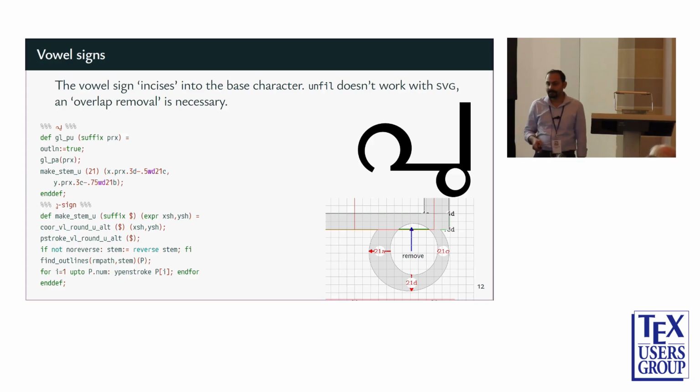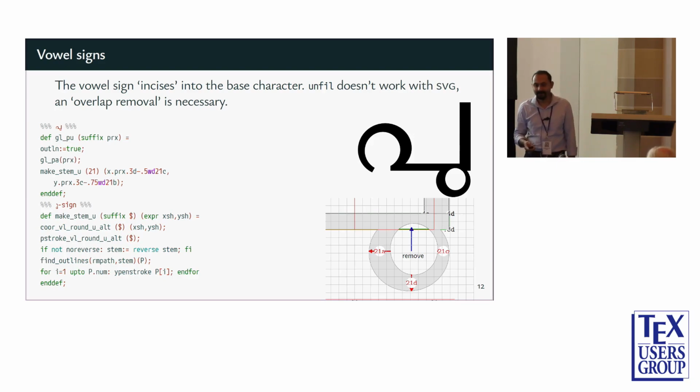One of the challenges was that the below curve incises into the horizontal stem, and we would like to remove that overlapping part. Unfilled doesn't work because the resulting outline or the SVG is not proper, so that we could easily import it in FontForge or other vector graphics tools.